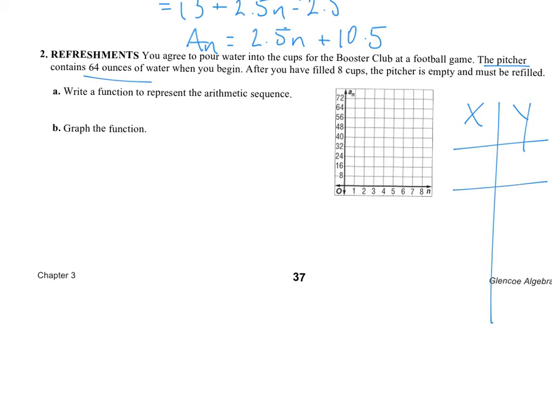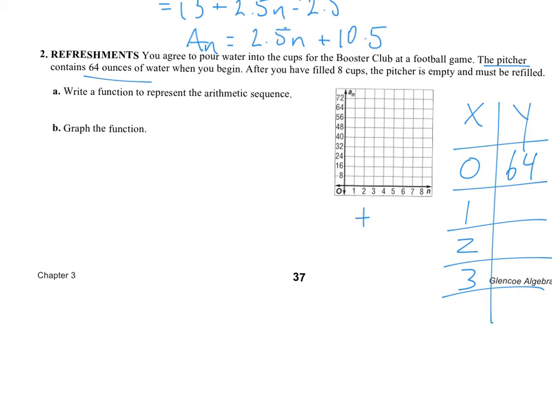So, x is our number of cups that we have. So if I have 0 cups, or I've filled 0 cups, how much water do we have in our pitcher? Well, we have 64 ounces. After I fill 1 cup, how much water do we have? Or 2, or 3.